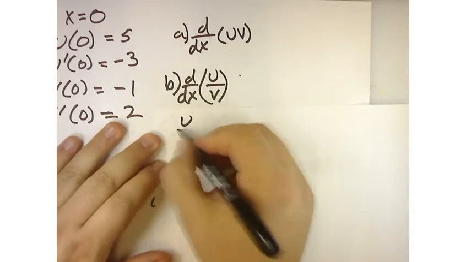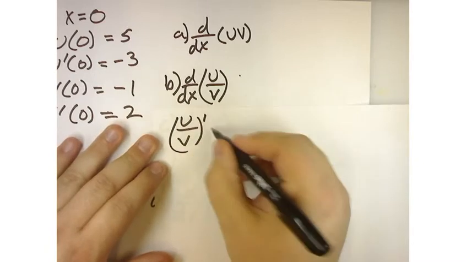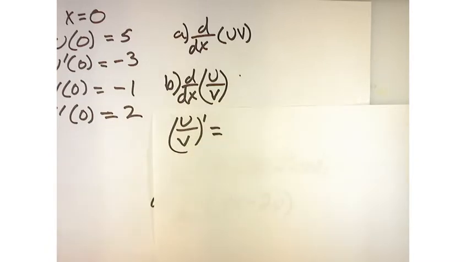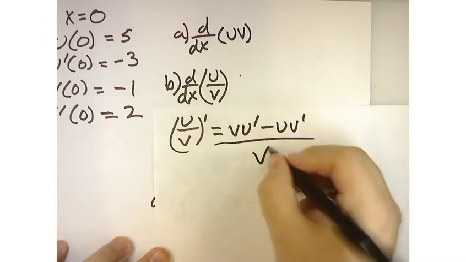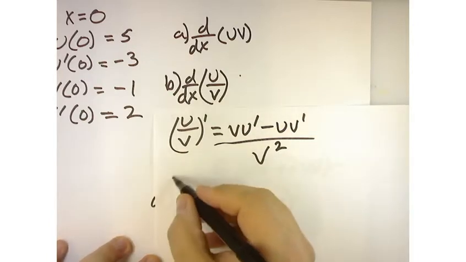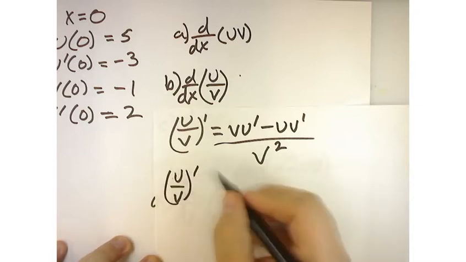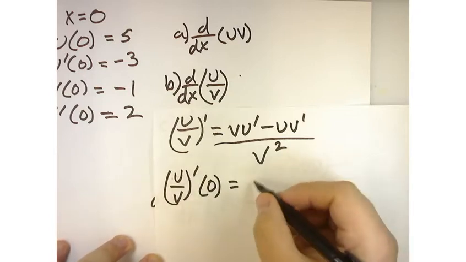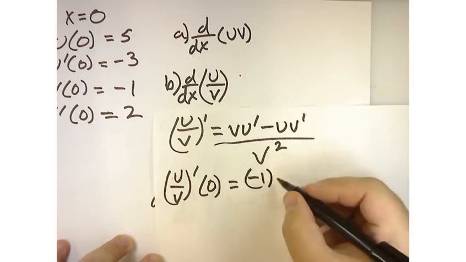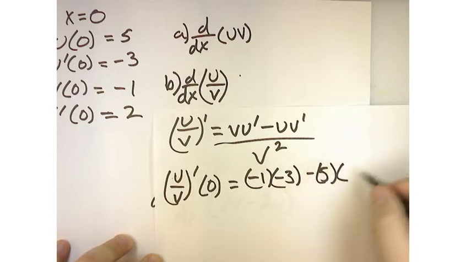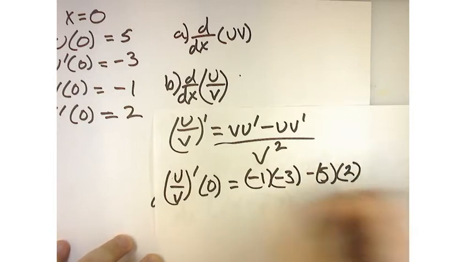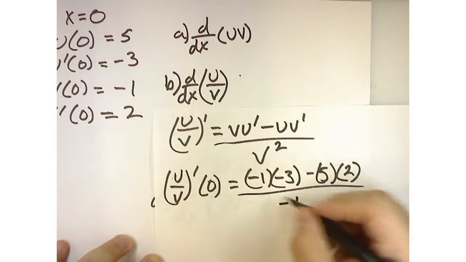All right, let's do the next one. So here we want u over v prime. And so to do that one, that is the quotient rule, which is going to be v u prime minus u v prime all over v squared. All right, so the derivative at 0 is equal to negative 1 times u prime, which is negative 3, minus u, which is 5, times v prime, which is 2, all over v squared, which is negative 1 squared.